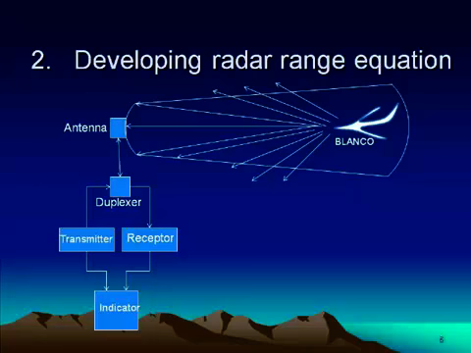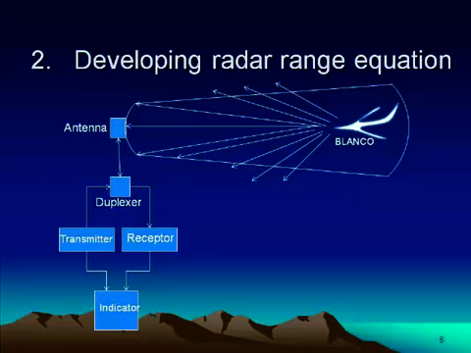Depending on the size of the target, it is going to receive a certain amount of power on the surface. As the target is made up of a metallic body, the power received will be scattered again. How much it is scattered depends on the conductivity of the material and also the shape of the target.